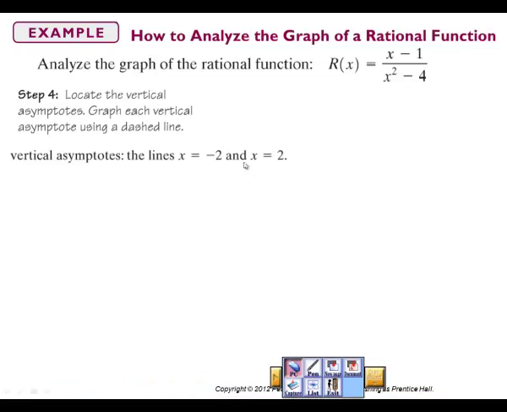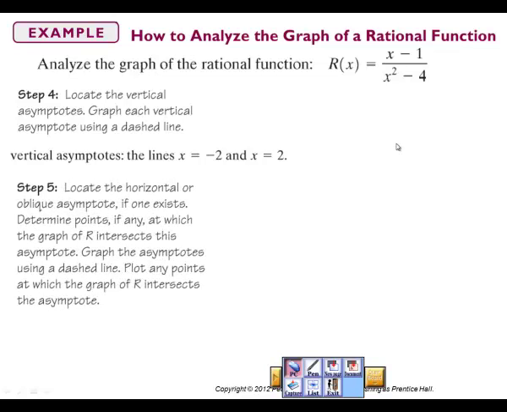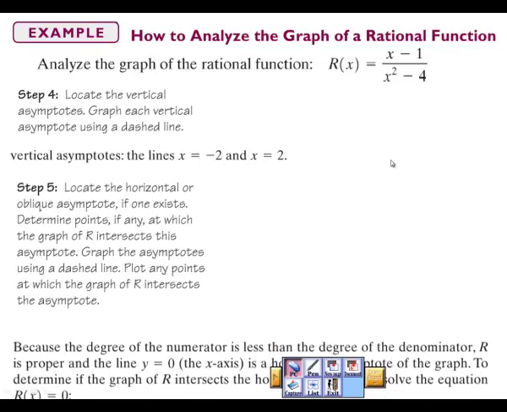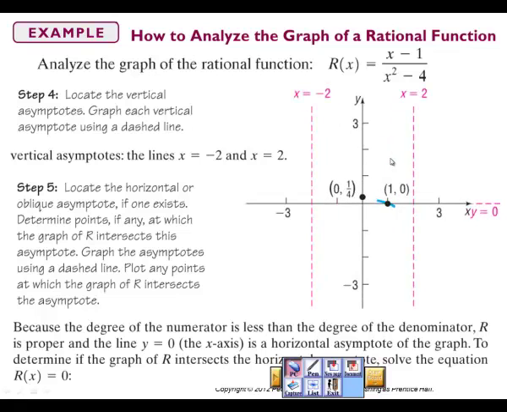So there's our vertical asymptotes at negative 2 and positive 2 from setting that equal to 0 and solving. Okay, we want our horizontal asymptote. So we found that it was at y equals 0 right here, and here's the line. Here's our dashed line.